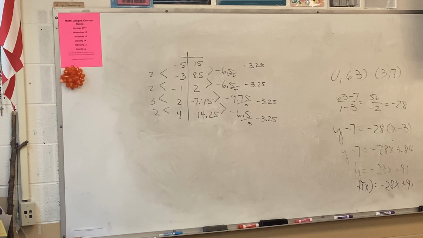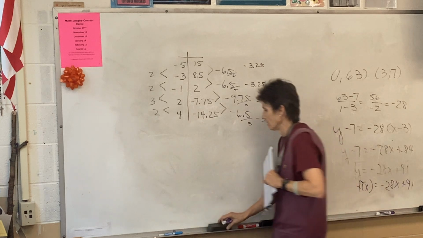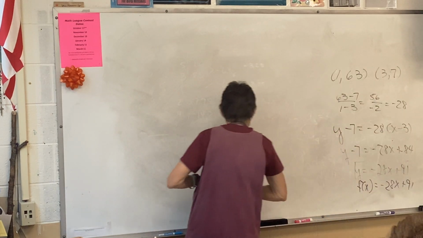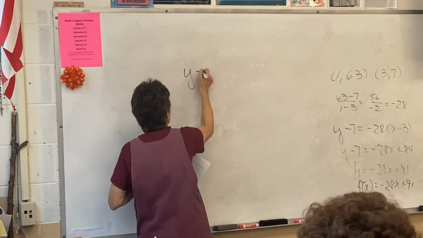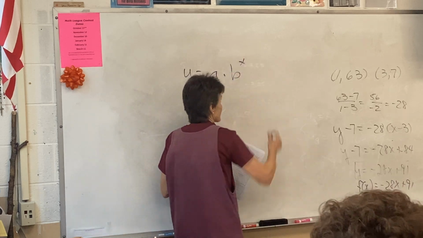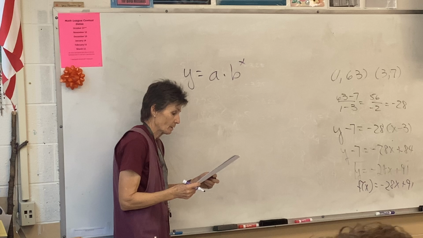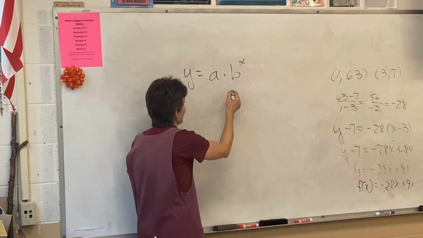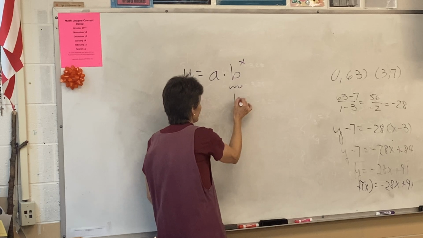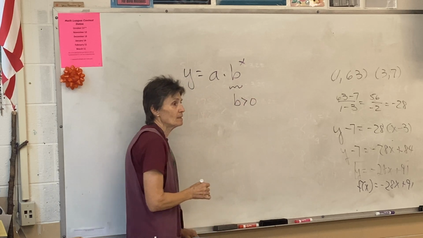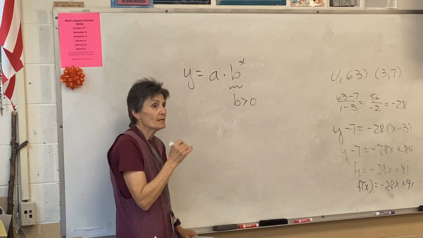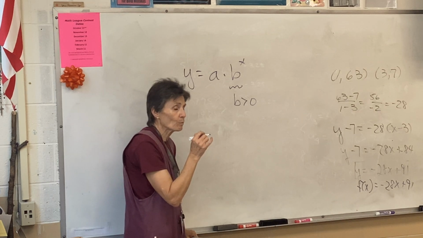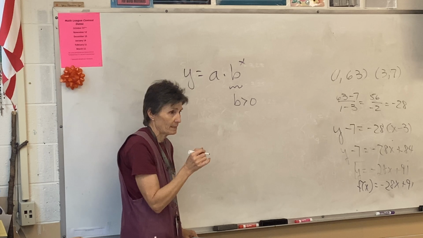The general form of an exponential, they kind of talked about this yesterday, is y equals, or f of x equals, a times b to the x. Always, always, always in an exponential, this number right here has to be bigger than 0. In a geometric sequence, your ratio can be negative.